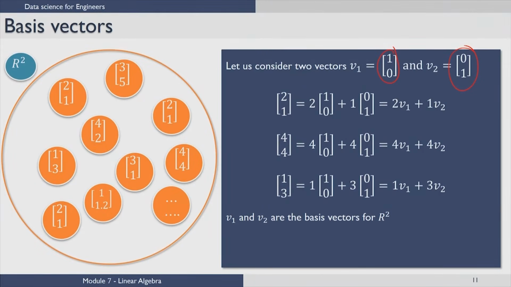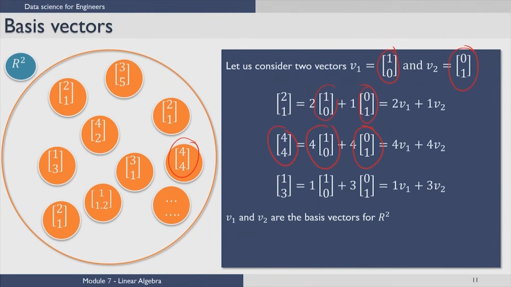If you take any vector that I have here, let us say (2, 1), I can write (2, 1) as some linear combination of this vector plus this vector. Similarly take (4, 4), I can write (4, 4) as a linear combination of this vector plus this vector, and that would be true for any vector that you have in this space.